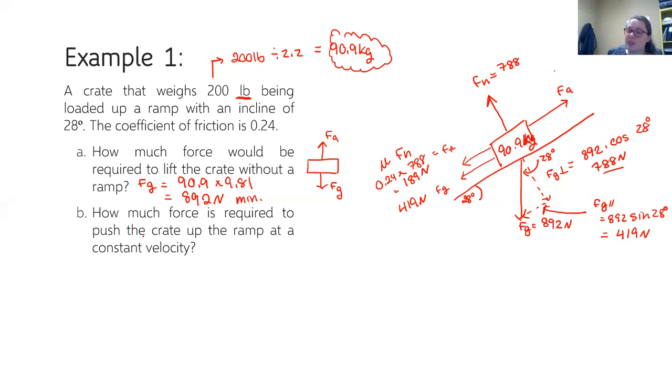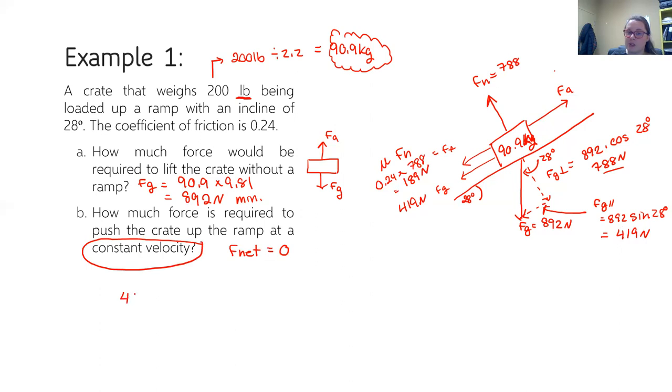So how much force is needed to push the crate up the ramp at a constant velocity? This means my F net needs to equal 0. So what force would balance these two downward forces?